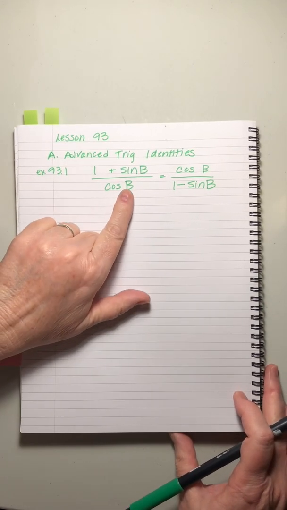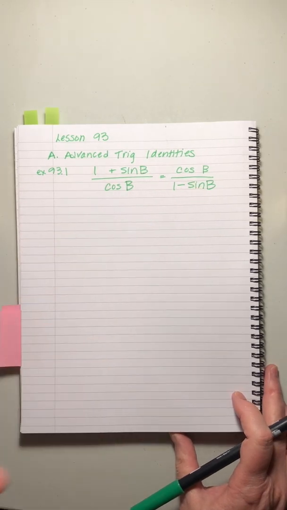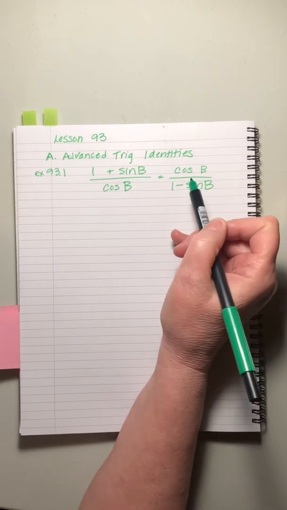Let me just remind you that having B's here is fine. That doesn't mean anything. We can have a theta, we can have an X, and lately we've been doing this whole A and B thing. It doesn't matter. What matters to us is that they're all the same, and that is really great. We love that.